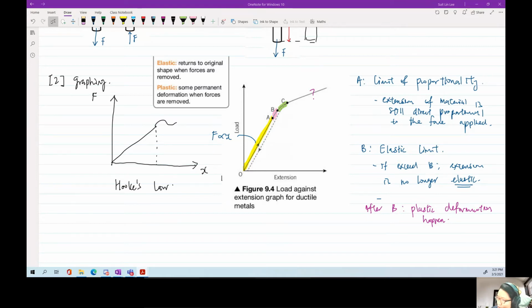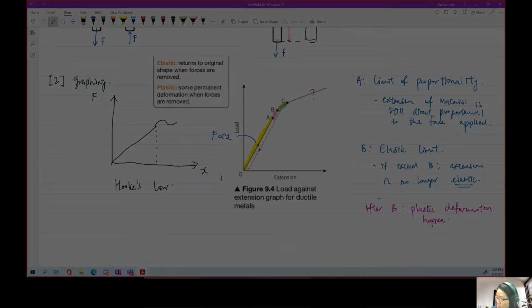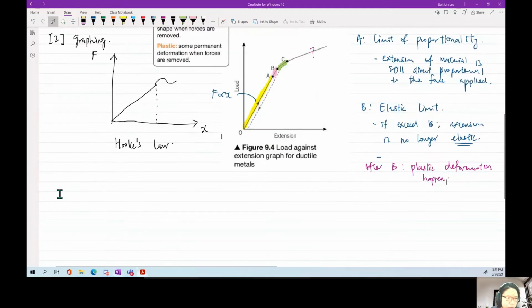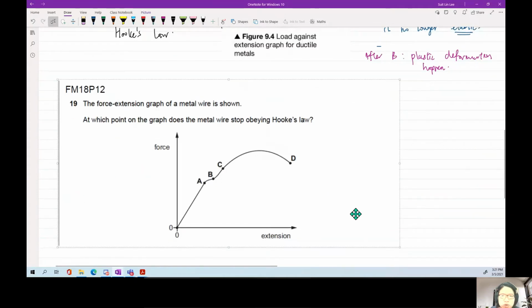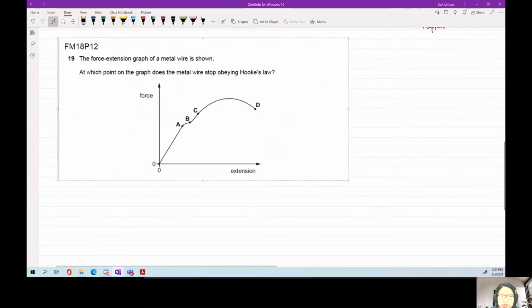If you just casually browse through your past year questions, the questions that they can ask you regarding this graph are like this one from Feb March 18. At which point does the graph stop obeying Hooke's law?